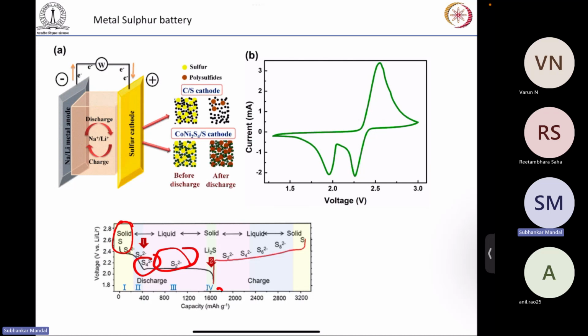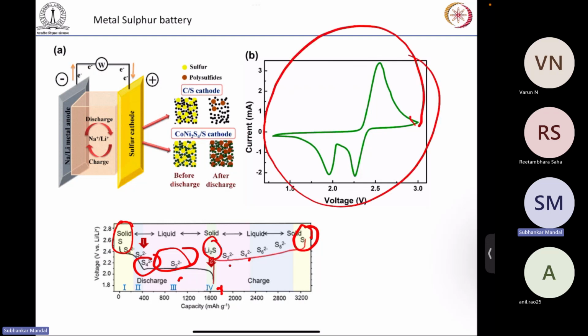This is during the discharge process. During the charge process, the reverse process happens where Li2S converts to S2 2-, then S4 2-, and ultimately to sulfur. And if you do the cyclic voltammetry, as I have shown, you will see this kind of graph of current versus voltage.